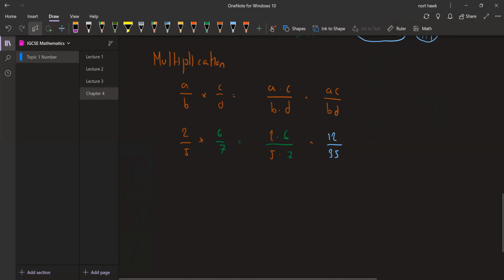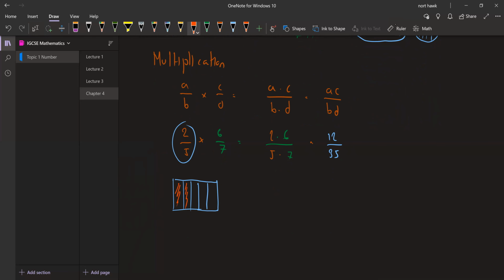And the explanation is here. Same logic, let's say a box of 5 equal spaces. Two of them have been taken. 2 over 5. Now another box right here, but this time it's divided into 7. 6 of them are taken. 6 over 7.